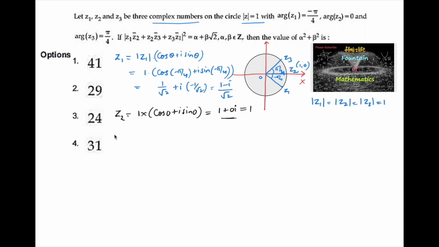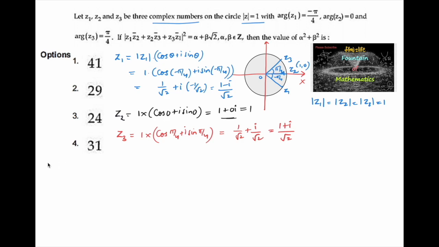And coming to Z3, mod Z3 is 1 and the argument is pi by 4, so we can write cos pi by 4 plus I sin pi by 4, which is equal to 1 by root 2 plus I by root 2, that is 1 plus I divided by root 2, which is Z3.